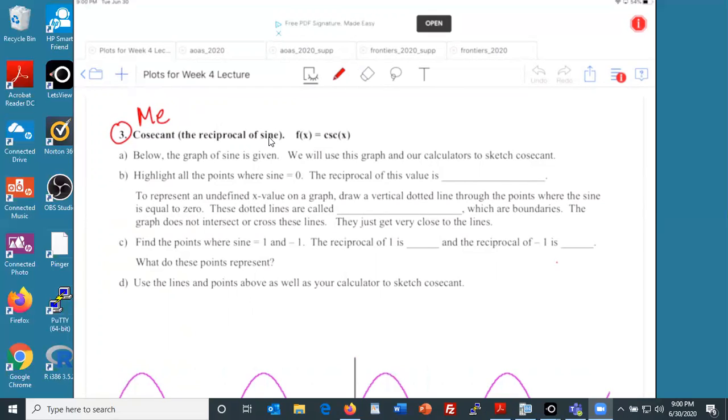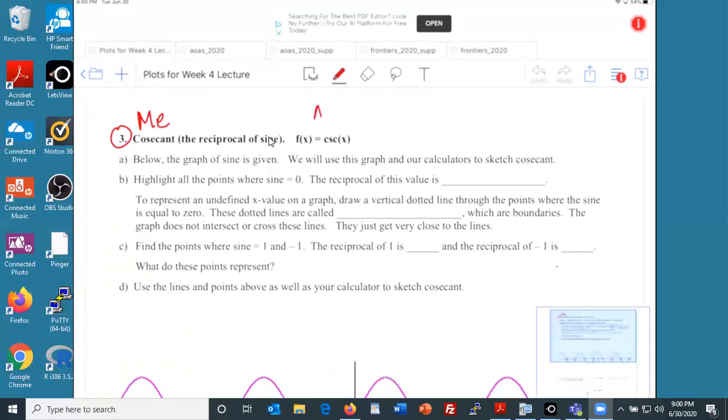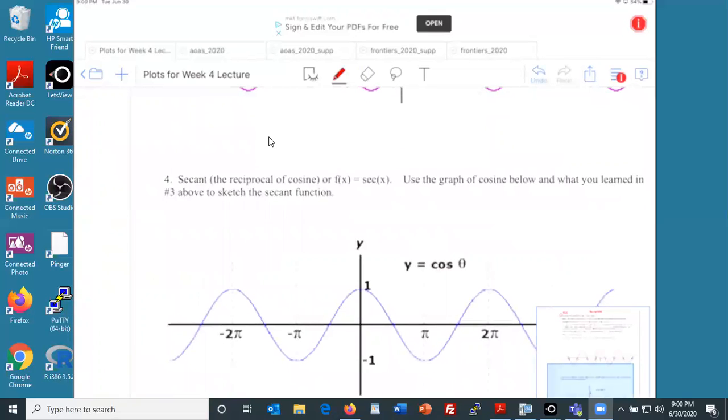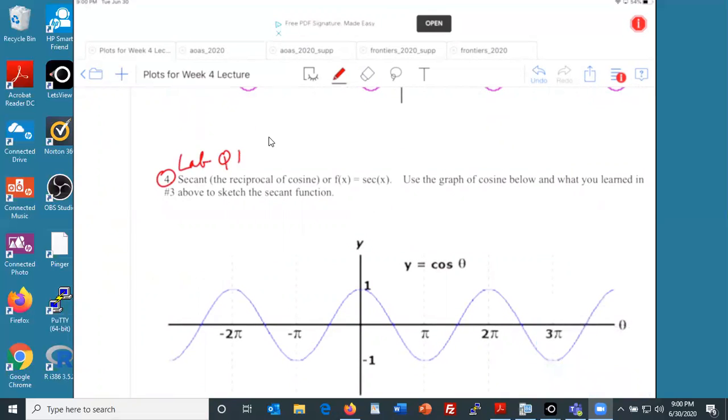And we're going to be using the notion of asymptotes. So remember asymptotes from a couple of weeks ago, we'll be needing those. All right, and then number 4, this is lab question 6. So you'll be responsible for doing this on your lab.